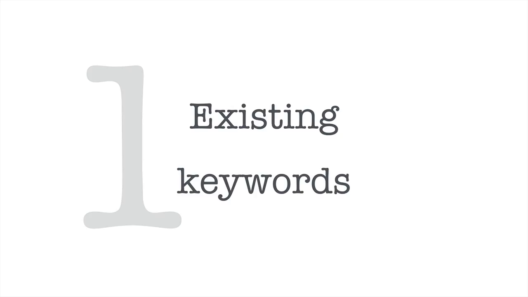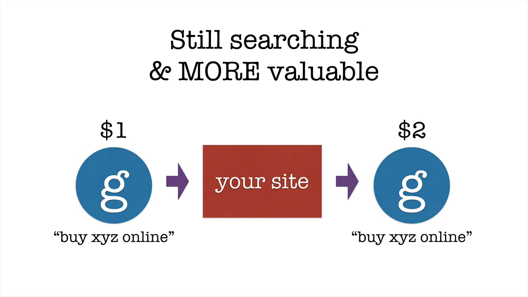Let's look at a use case for bid only first. And this would be something like your existing keywords. So this graphic is meant to represent somebody is searching for you on Google, blue dot, left-hand side. They click on your ad, they visit your website, red rectangle in the middle.